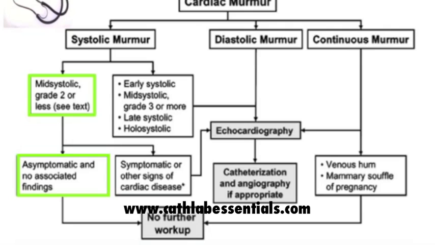Otherwise, systolic murmurs that are early, mid-systolic, late, or holosystolic, especially those associated with symptomatic disease, all diastolic murmurs and all continuous murmurs require echocardiography and subsequently cardiac cath in most circumstances.